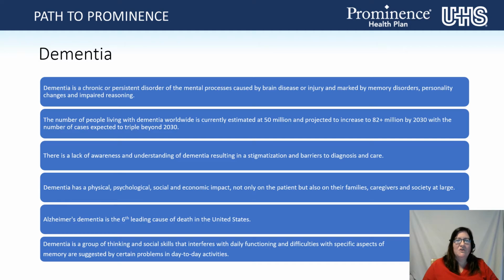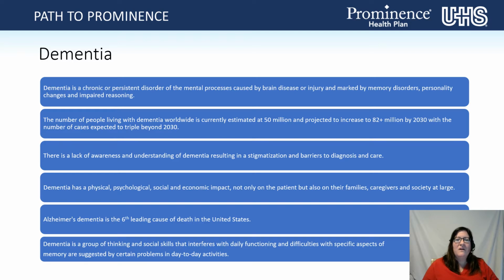Dementia is a chronic or persistent disorder of the mental processes caused by brain disease or injury and marked by memory disorders, personality changes, and impaired reasoning. The number of people living with dementia worldwide is currently estimated to be 50 million and projected to increase to 82+ million by the year 2030, with the number of cases expected to triple beyond that.